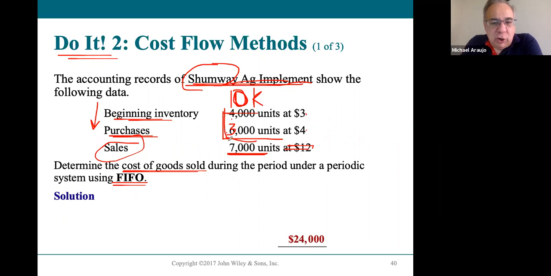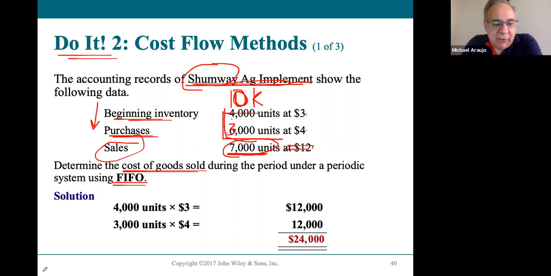So 4,000 units at $3 and 3,000 units at $4 make up the 7,000 units they sold. And so the cost of goods sold for FIFO is $24,000. The 4,000 units at $3, which is the beginning inventory, again, first in, first out, and then the 3,000 additional units, because we need to get 7,000 total, at $4. So in this case, it works out quite easily.